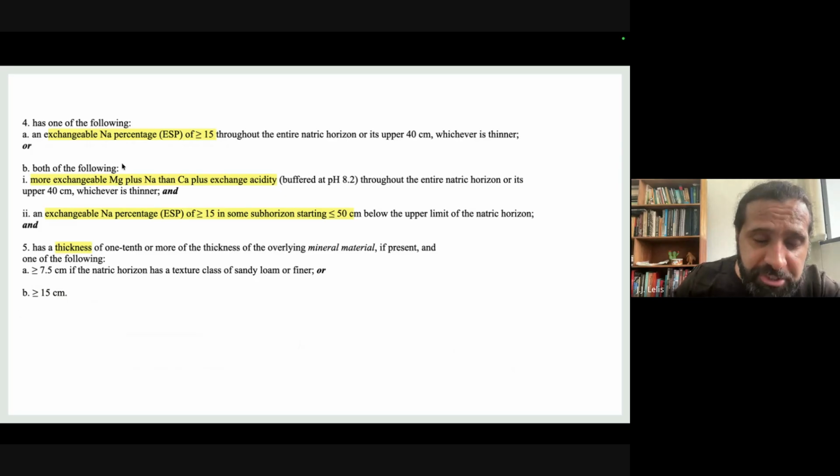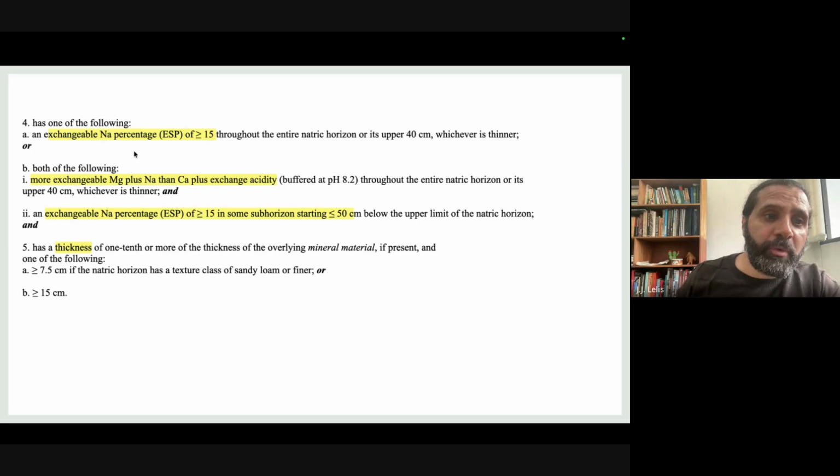Something that's much more connected to this natric horizon is the presence of sodium. Remember, the exchangeable sodium. So the exchangeable sodium percentage should be equal or higher than 15. How could I calculate this exchangeable sodium percentage? It's quite easy. You just need to divide the exchangeable sodium by the CEC and then multiply this by 100.